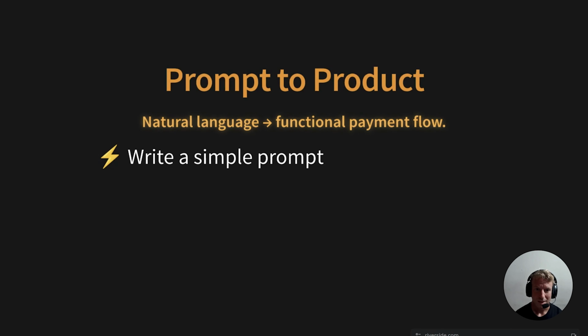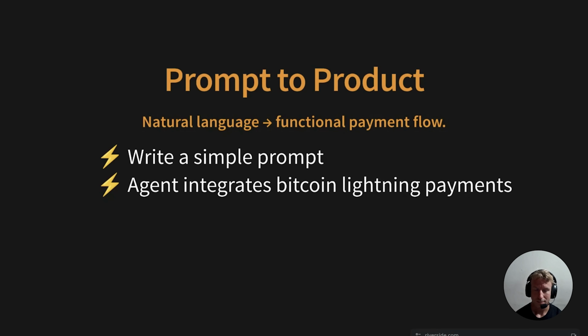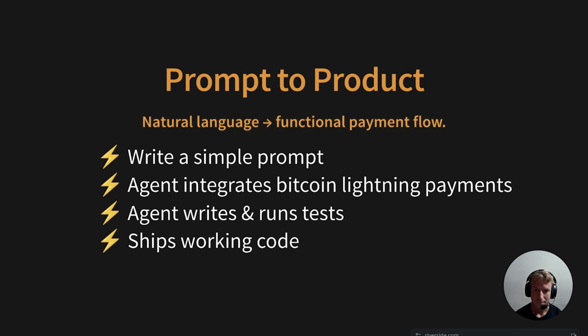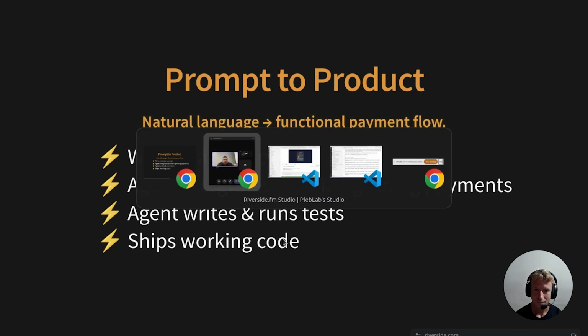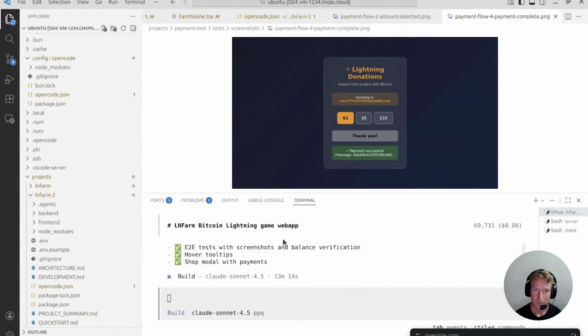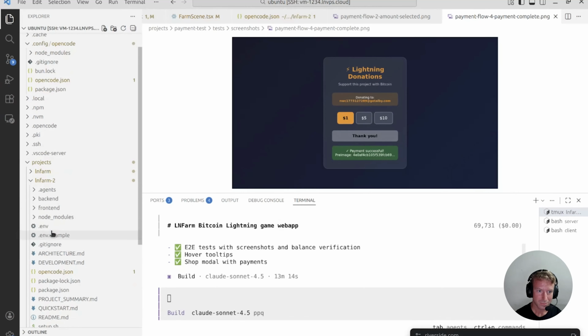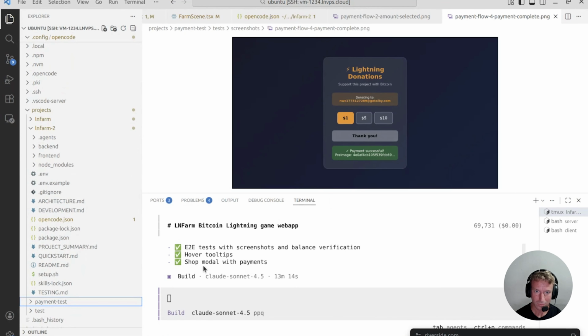So what I did at the start was I created a simple prompt and gave it to OpenCode. And what OpenCode is doing now is building the app, is integrating Lightning payments, and it's writing and running the tests. And it's going to keep running and keep trying. And actually, maybe it's already done, which is cool.